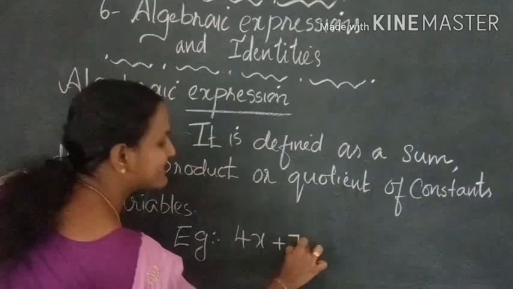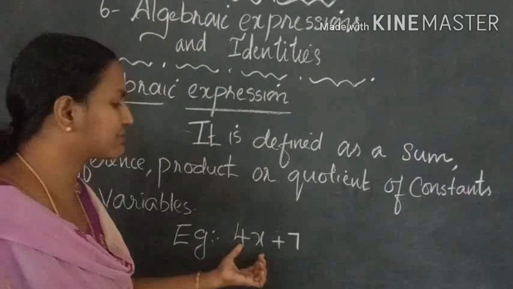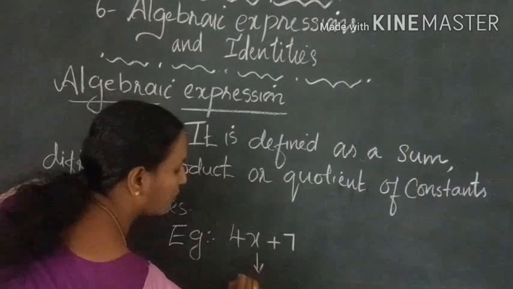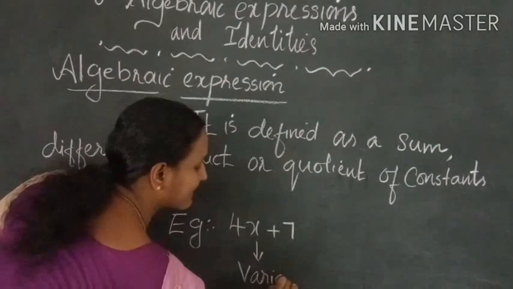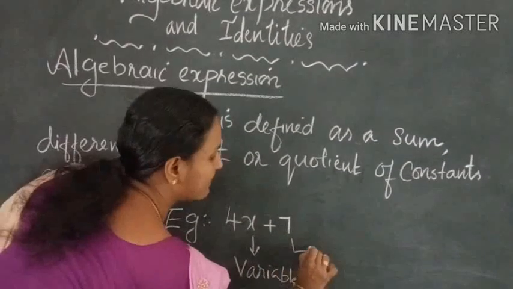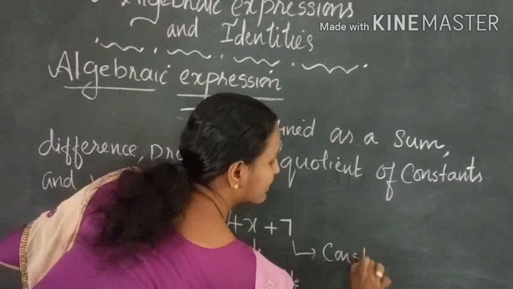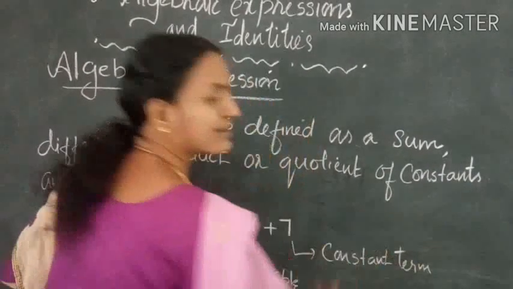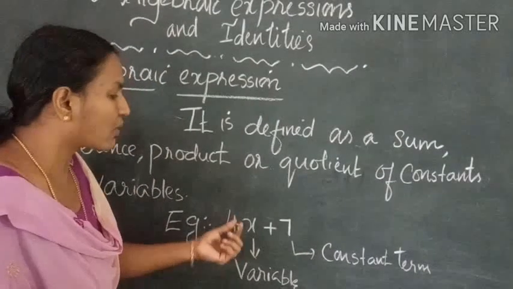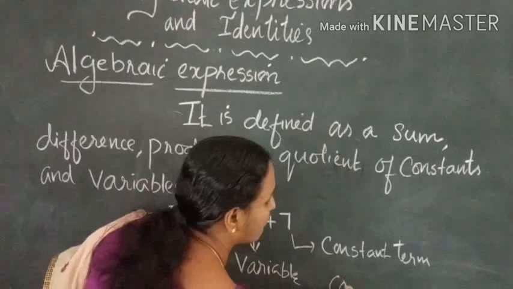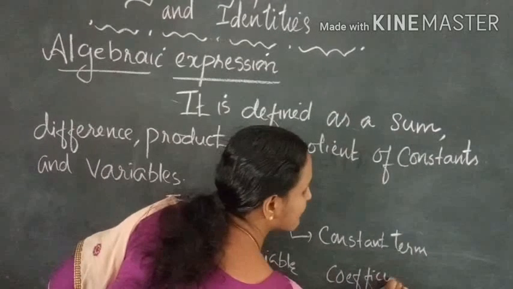4x plus 7. Here x is the variable and 7 is the constant term, and the coefficient of x is 4.